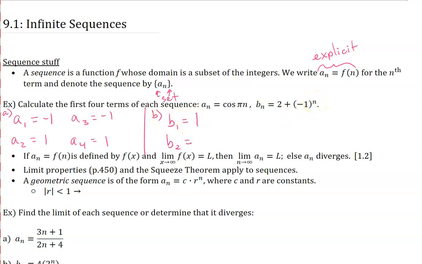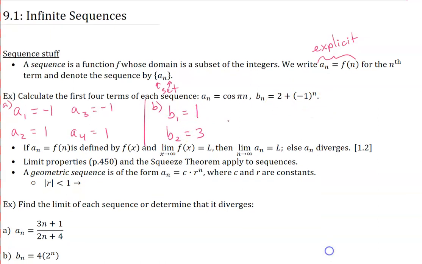B sub 2 would be 2 plus negative 1 squared, so that's going to be a 3. B sub 3 would be 2 plus negative 1 to the third, all right? And so, again, we're back at 1. B sub 4 back at 3. So this is another example of one that is just alternating back and forth between two values.